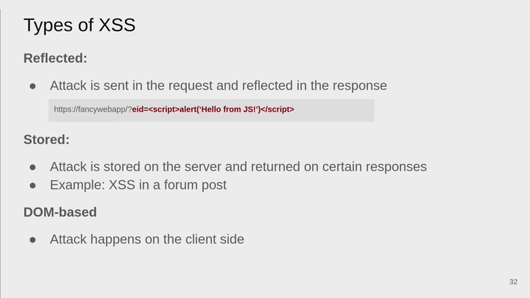For example, you're in Gmail, somebody sends you an email. The server side pushes this to your client, but then the JavaScript application has a bug, parses the email, and allows a cross-site scripting attack in the DOM on your client side.